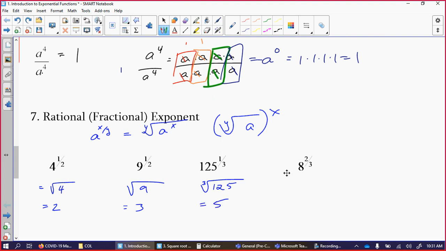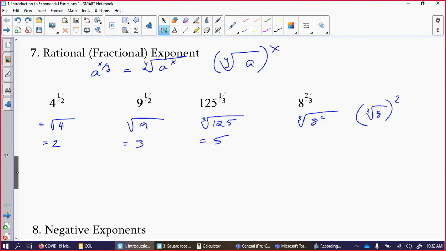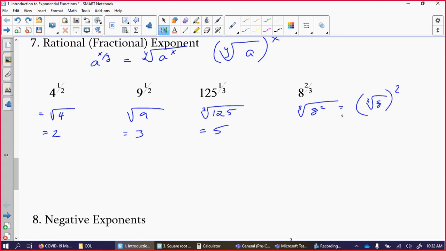But it's just about rewriting and recognizing the cube root of 8 squared, or the cube root of 8, squared, because they both are the same. 8 squared is 64. The cube root of 64 is 4.